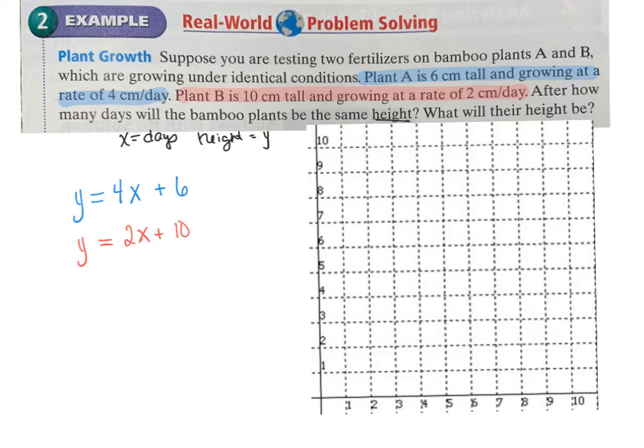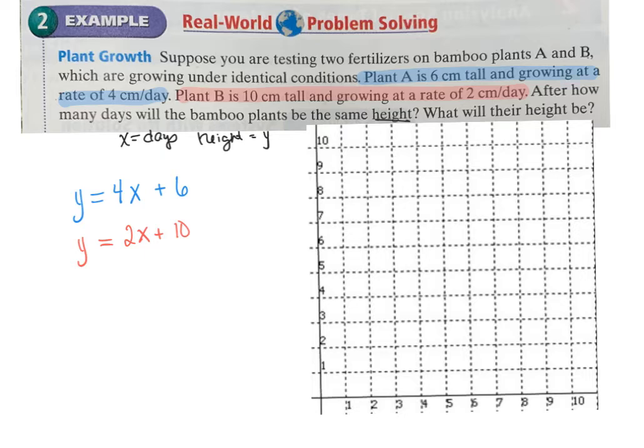Now, for something like this, you'll notice I only have my first quadrant because my plant will not be a negative height, nor will I have a negative number of days. So I don't even need my other quadrants here. All right, something else is it's automatically 1 through 10, but on this particular one, I may not want to do that because I start at 10 for one of them and I have a positive slope no less.